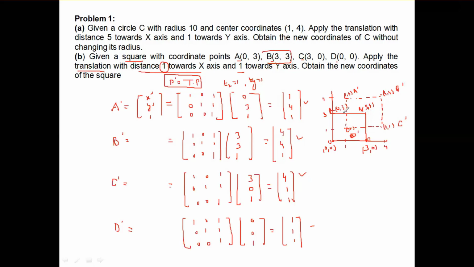Here you can also see the shape of the object is not changed. The lines are preserved in the same manner, the distance between the two lines is preserved, and the body is rigid. So this is the translation of a square with one unit in x and y.